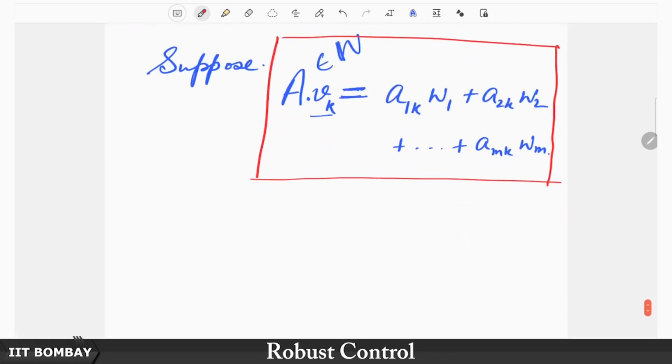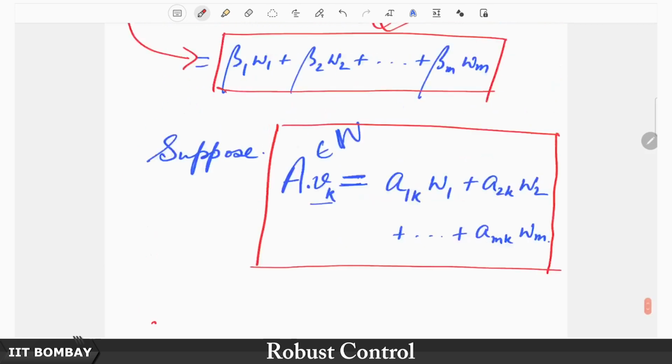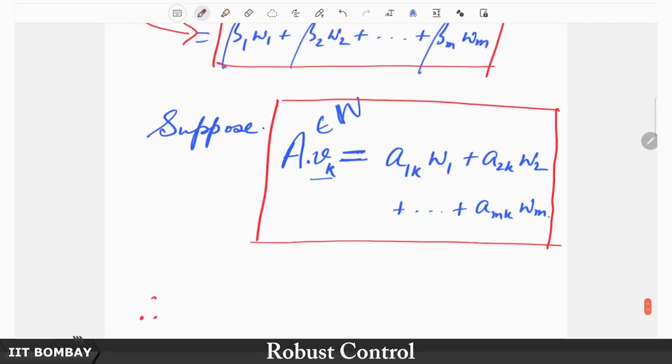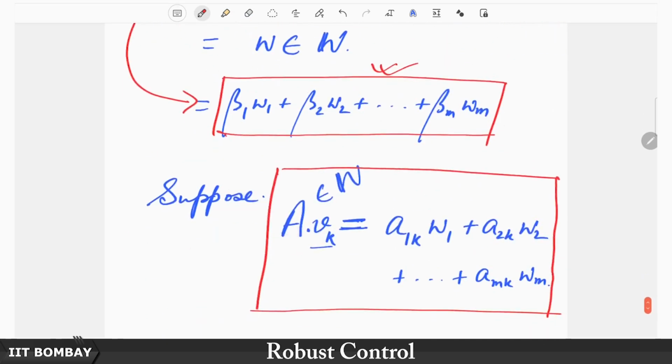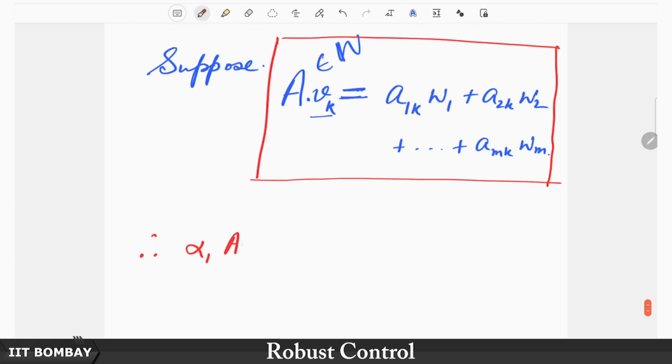Now, therefore, we can say, look, I have alpha 1 times A V1 plus alpha 2 times A V2 plus dot dot dot till alpha n times A Vn. I was missing out the index, excuse me.